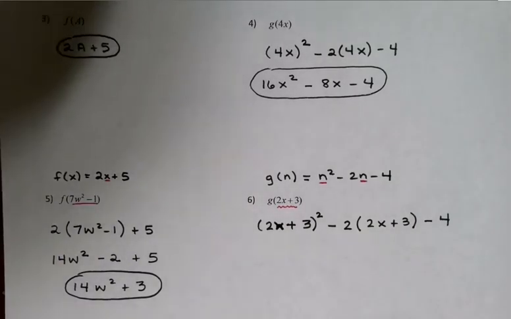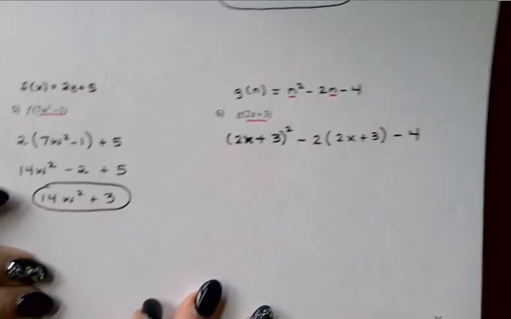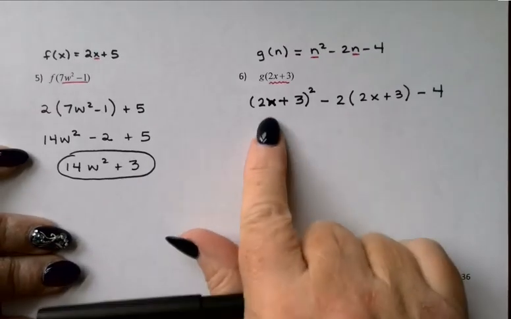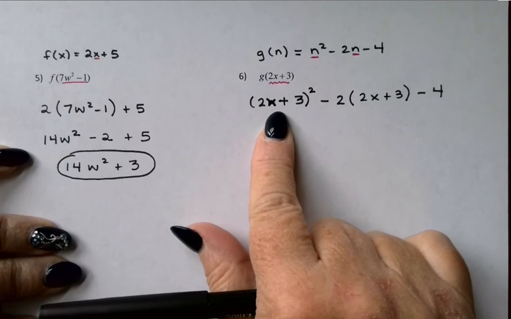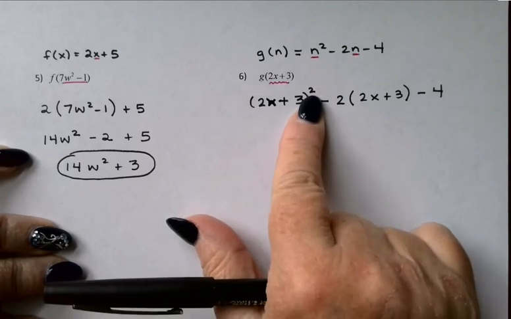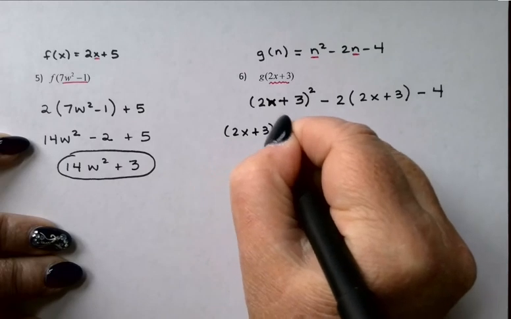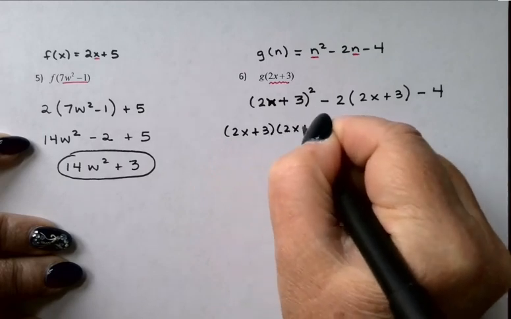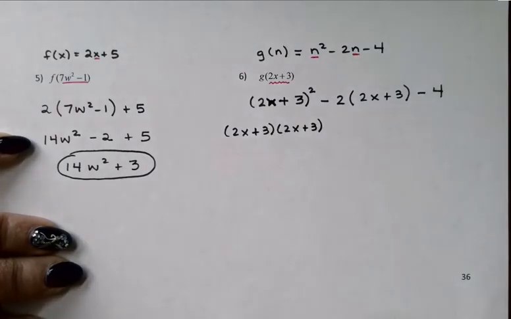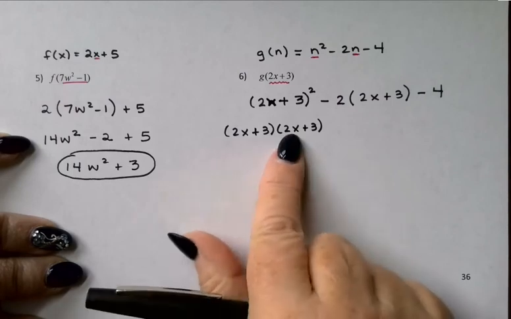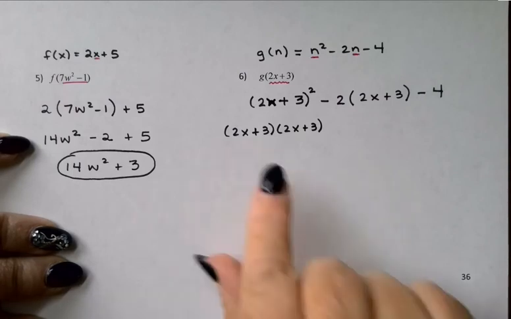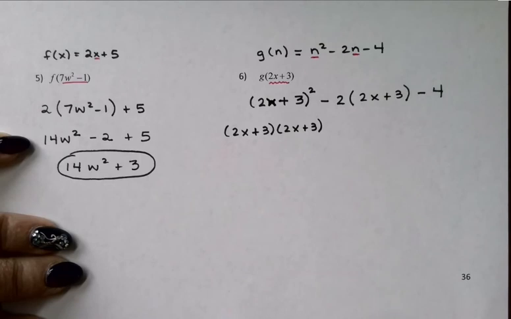All right, there's a really common mathematical mistake that we want to avoid right here. This 2x plus 3 being squared really means multiply 2x plus 3 times itself. And notice that that's going to require, sometimes we call it a double distributive law, or you might consider it the FOIL process, right?